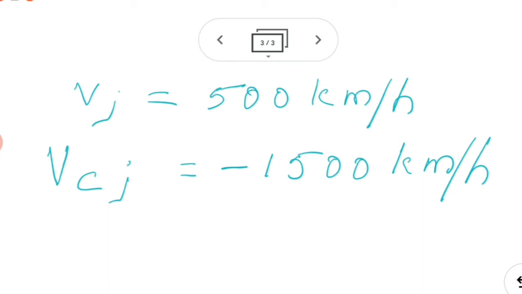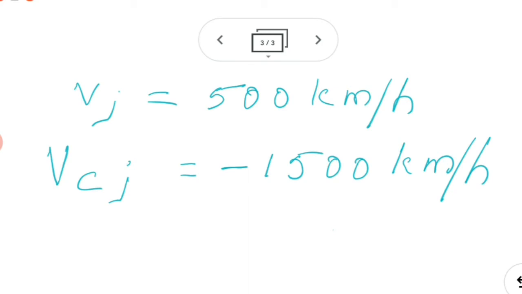So velocity of jet plane with respect to ground, that is Vj, is 500 kilometer per hour, and velocity of combustion products with respect to jet plane is minus 1500 kilometer per hour. Why that negative sign? The negative sign shows that the combustion products are moving in a direction opposite to the direction of the jet plane.